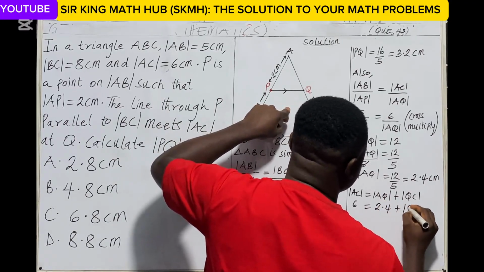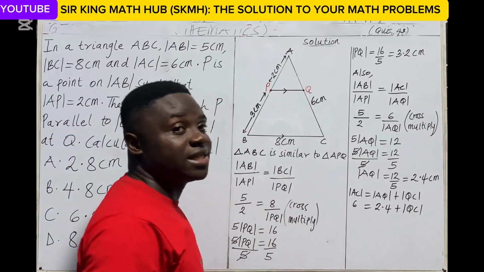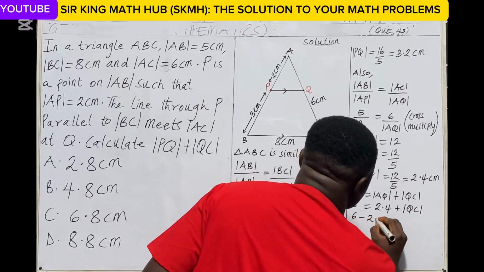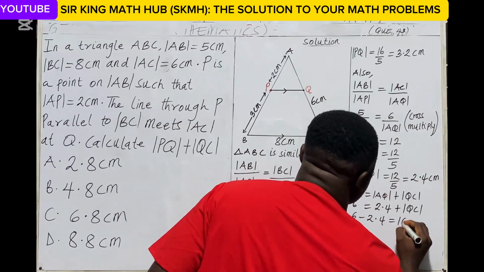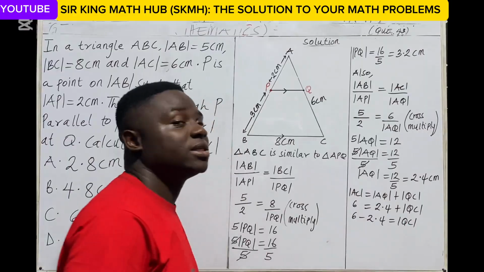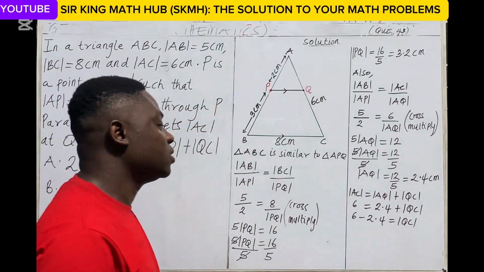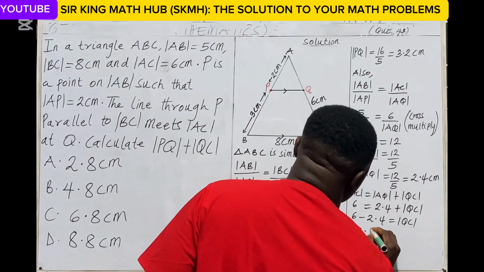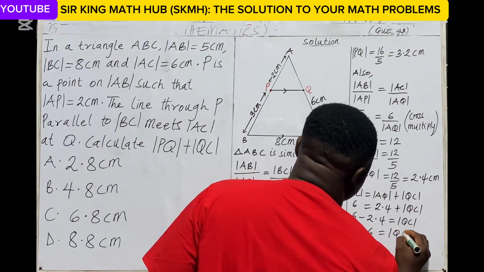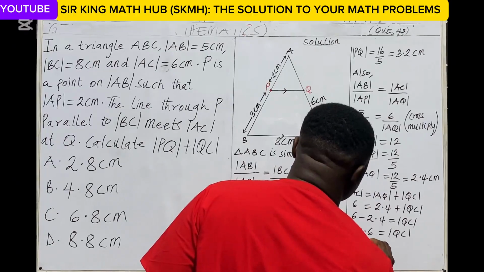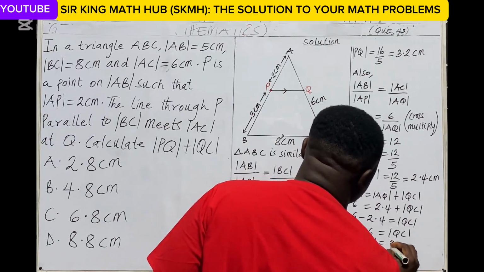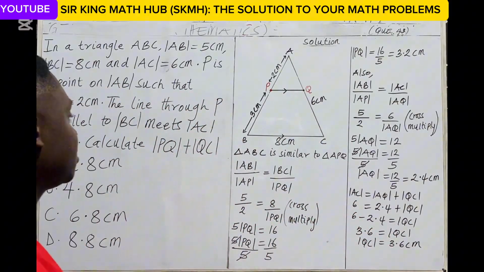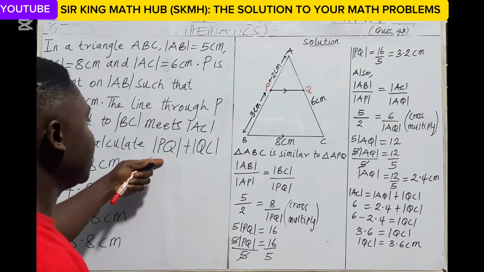So this plus line QC. Let's make QC the subject. So we have 6 minus 2.4, and this must be called QC. So what is 6 minus 2.4? I think that is 3.6. So you can see that line QC is equal to 3.6 centimeters.